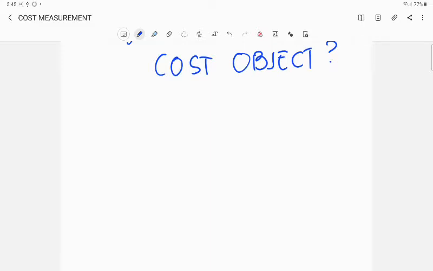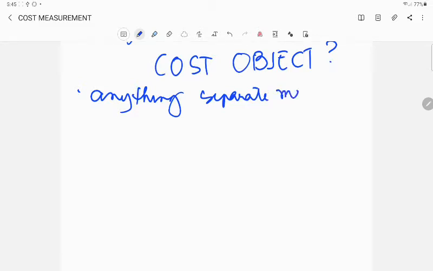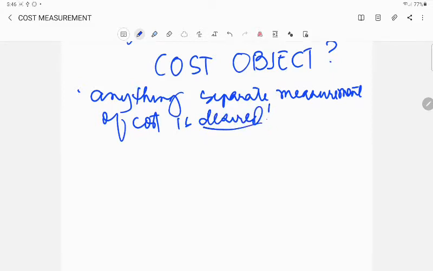At ang sabi sa atin, a cost object is anything for which a separate measurement of cost is desired. Diba? Tingnan nyo naman, class, yung ginamit na term. Desired. So, pwede pala kahit ano-ano.